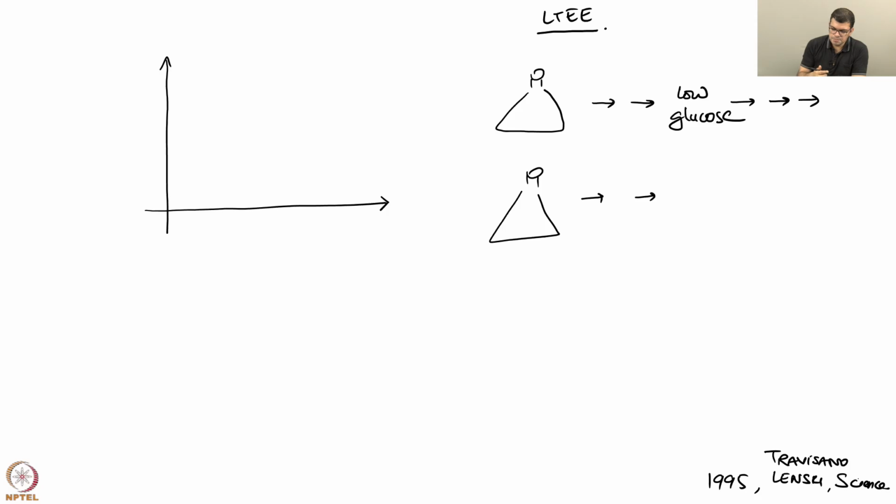So, now this population will have some trait. Let us call this t equal to 0, t being the number of generations, and this be equal to t equal to t1. So, on the x axis we represent the ancestral trait at t equal to 0. What is this trait that I am representing? The trait could really be anything.